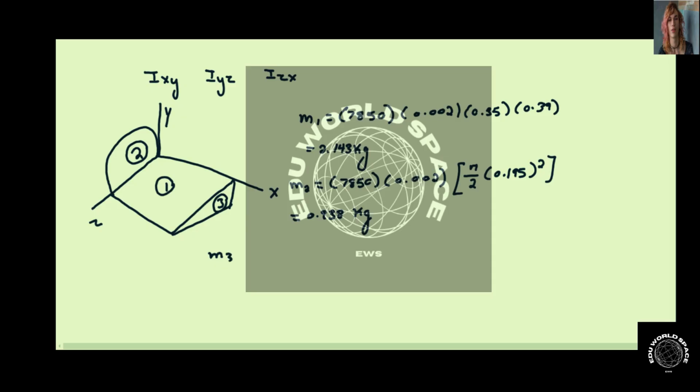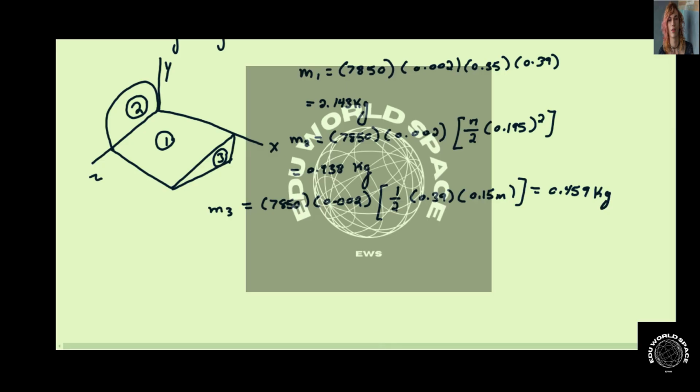And we have mass 3, which is 7850 times 0.002 times 1/2 times 0.39 times 0.15 m. And we get 0.459 kilograms.